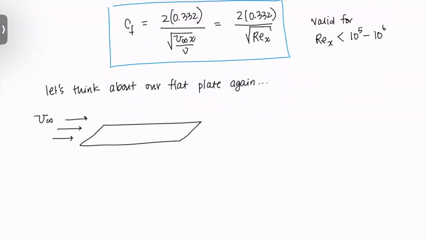It turns out that when you have a geometry like this, the drag force experienced by this plate is purely due to that friction because of the fluid flowing past it. Okay, if you have a non-flat body, so something that has heft in the y direction, then the drag felt by that body will be due to both the friction drag as well as pressure, like the normal component of the velocity on the body. For a flat plate, we only have friction drag.